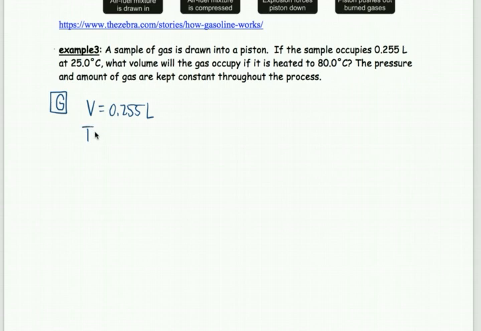The temperature is 25 degrees Celsius. And we want to know what volume it will occupy if I change the conditions, if the new temperature is 80 degrees Celsius. Okay, and it says here that the pressure and the amounts are constant. So P and N are both constant, so they don't change.